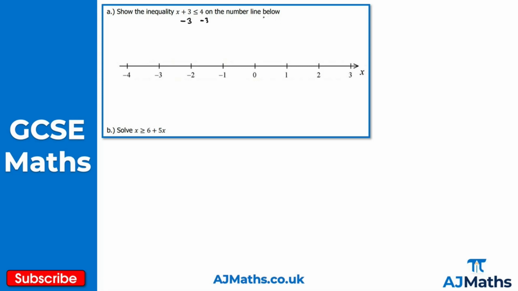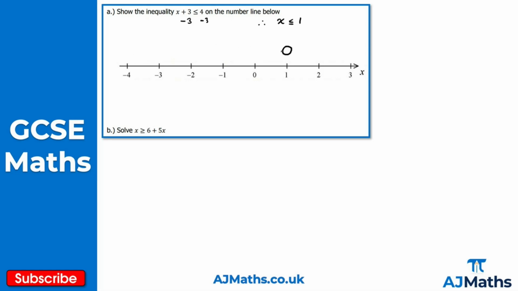Okay. So the inequality then that we're going to work with here will be x is less than or equal to 4 minus 3, giving us 1 there. So now we can place our circle at 1. Place our circle at 1 there. So now we think about the inequality here. We're looking for values that are equal to 1 or smaller. So 1, 0, minus 1, minus 2, minus 3, minus 4, and so on.